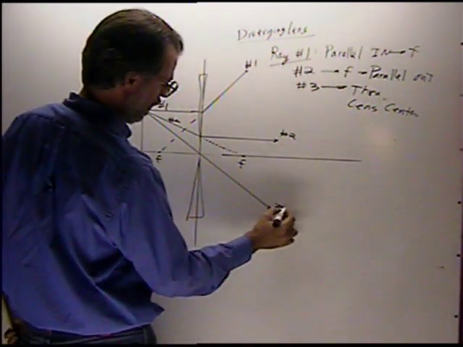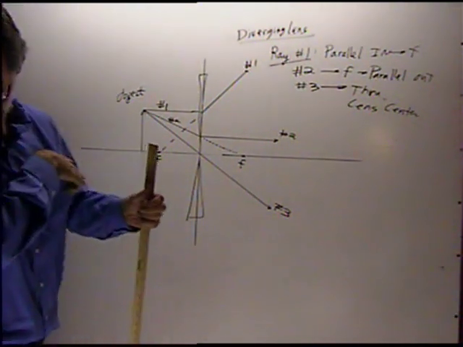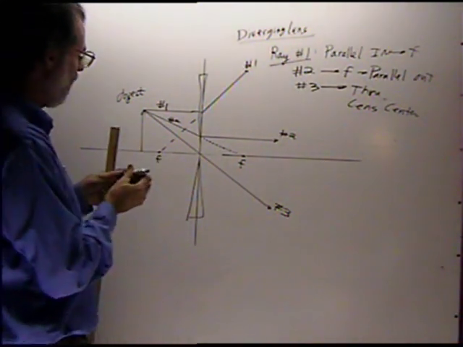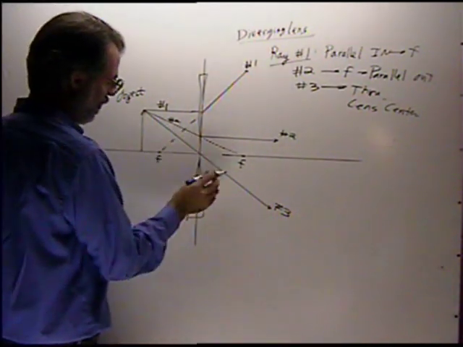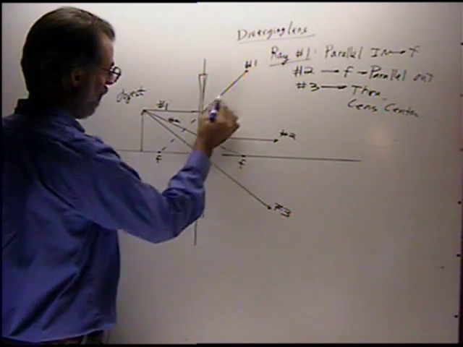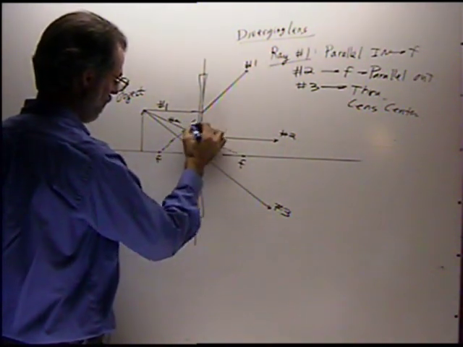Here's number 3. So the question is, where do all these rays converge? Well, we have to back up. Notice that ray number 1 has a virtual ray that comes right through this focal point.